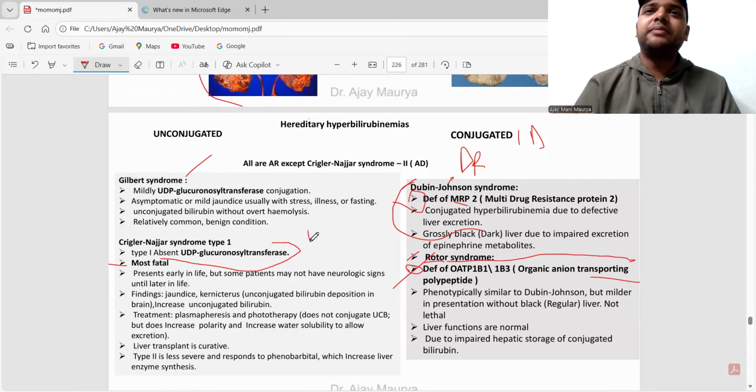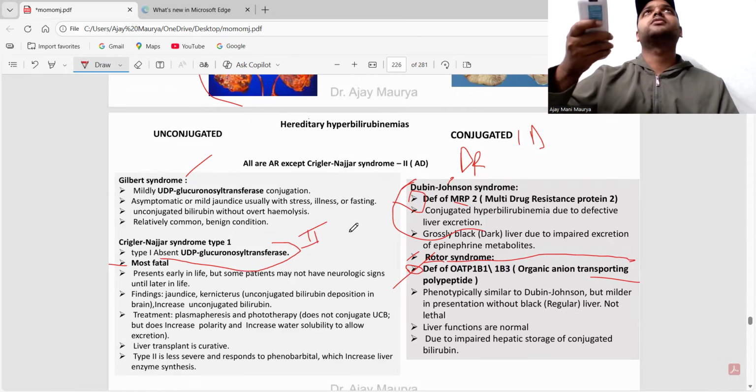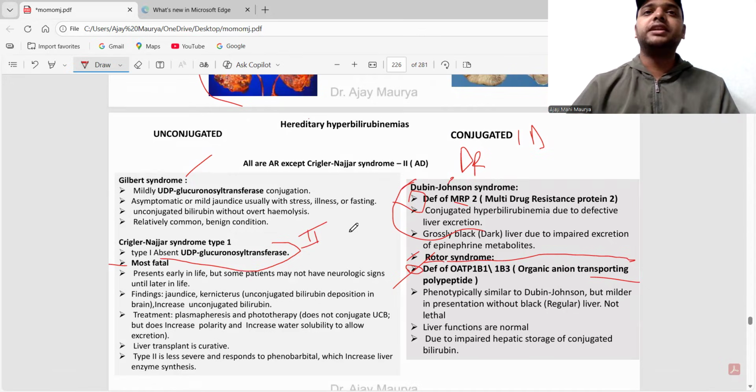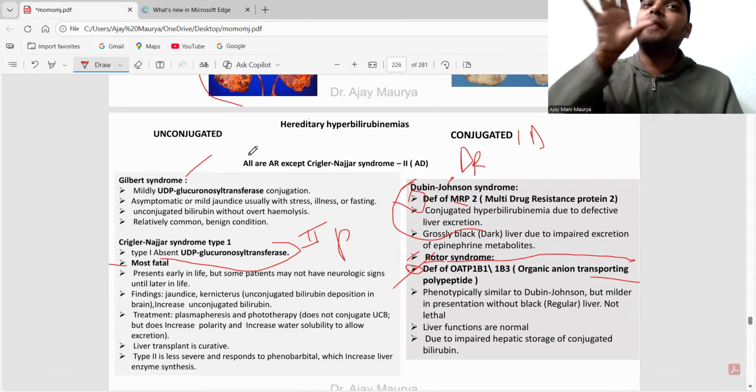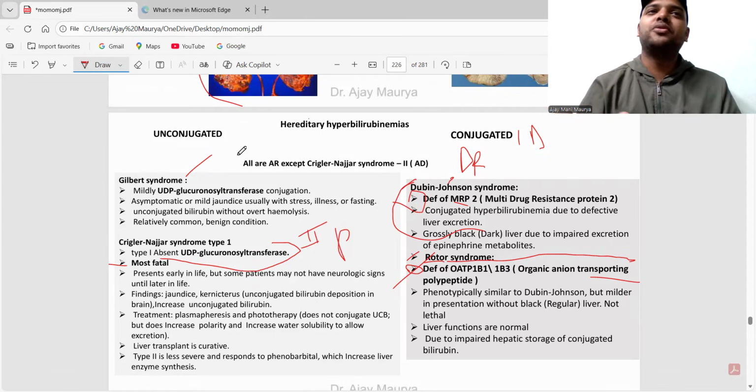Coming to type 2, there is a partial absence of UDP glucuronide transferase. But coming to Gilbert, there is a mild absence. That's why there are no major symptoms in Gilbert, but type 1 is the most fatal.